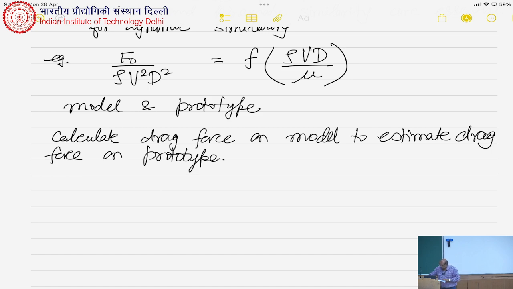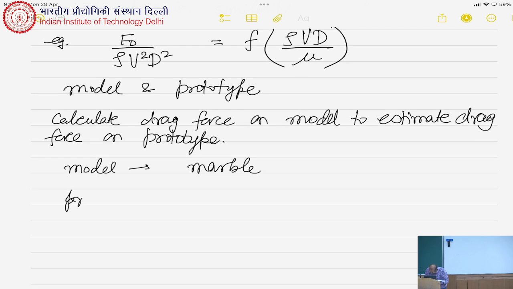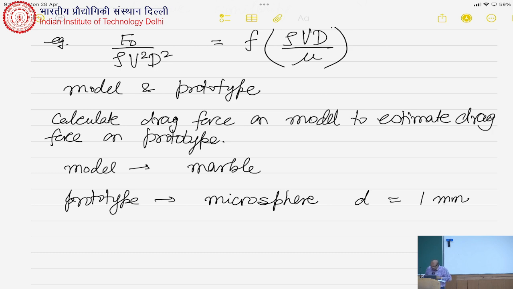Now, how do we do this? Suppose we start with a prototype, our prototype is a microsphere. Let's say its diameter is 1 mm. We make a model which is a marble. Let's say diameter is equal to 1 centimeter.